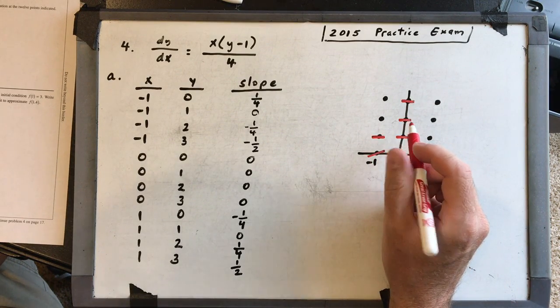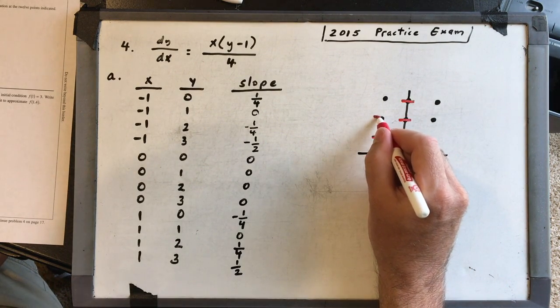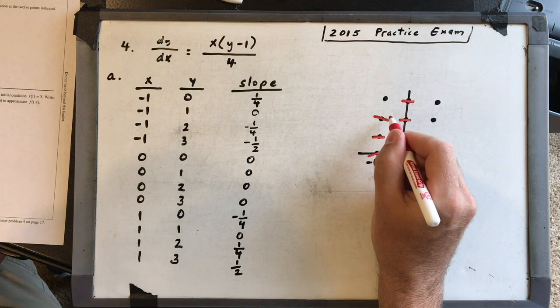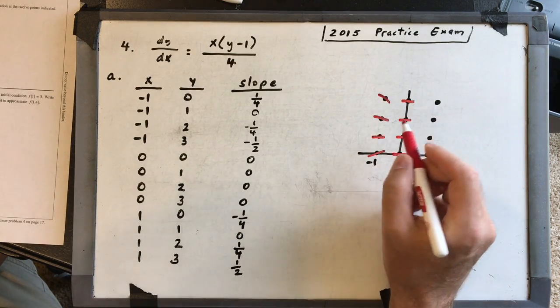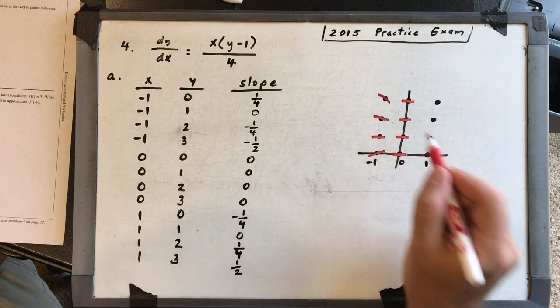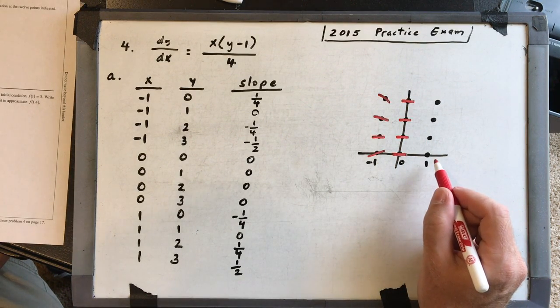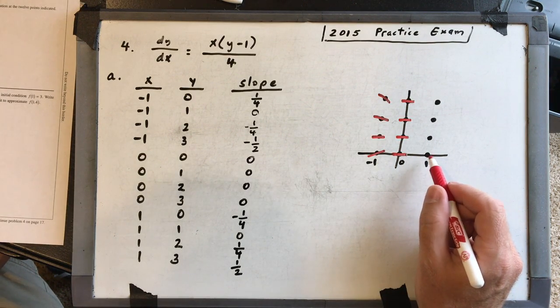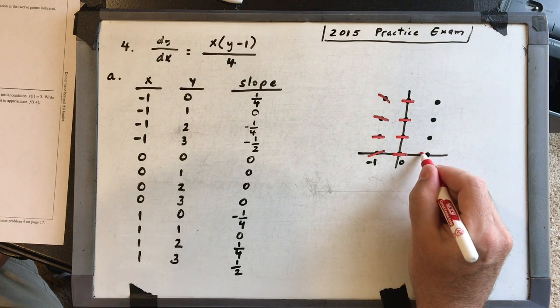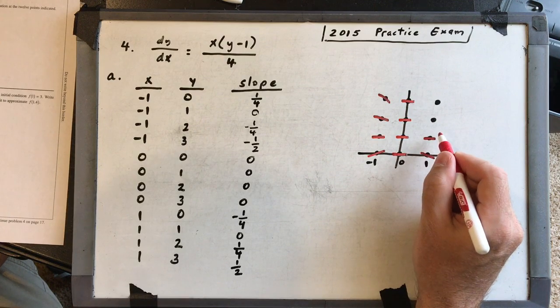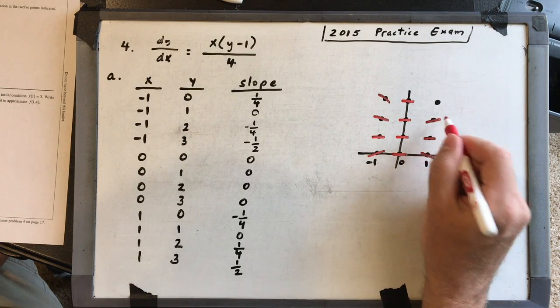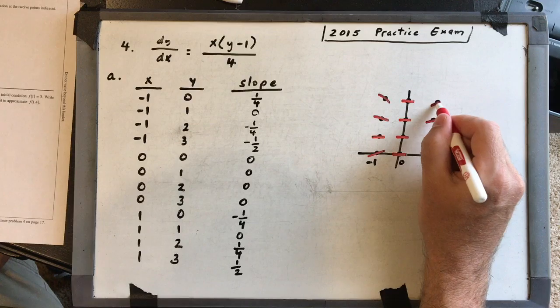At -1, 2, we have a slope of -1/4. And then at -1, 3, we have a slope of -1/2. So just make sure it's a little steeper than the -1/4 there. All right, at 1, 0, that one is downhill, just barely, -1/4. And then another 0, and then a +1/4, and a +1/2.